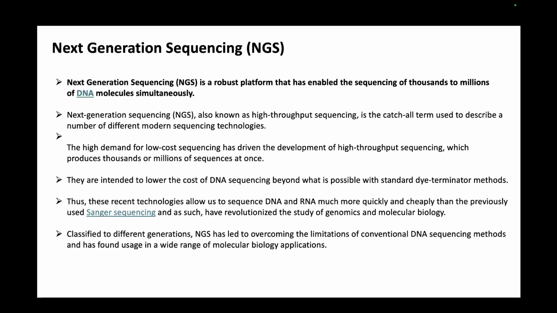Classified into different generations, NGS has led to overcoming the limitations of conventional DNA sequencing methods and has found usage in a wide range of molecular biology applications, as you will see in the later part of the course. So how you can detect diseases, how you can detect different kinds of mutations which can result in the disease.